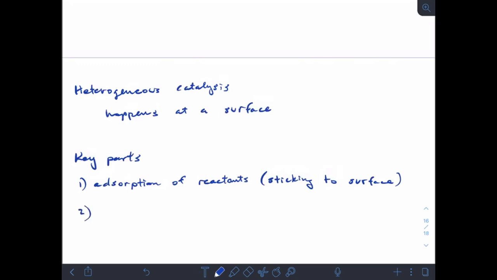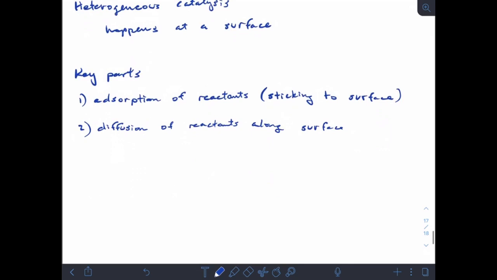All right. So step 2 is diffusion of reactants along the surface. Our reactants, once they stick, are going to be able to move to new locations so that they can react with something else.